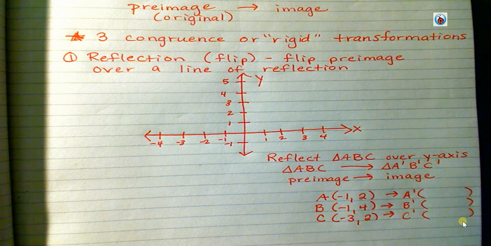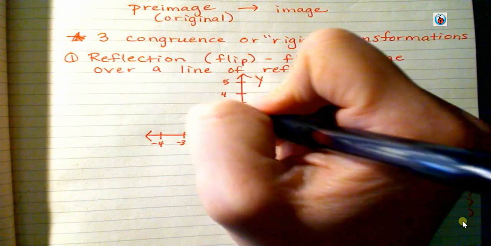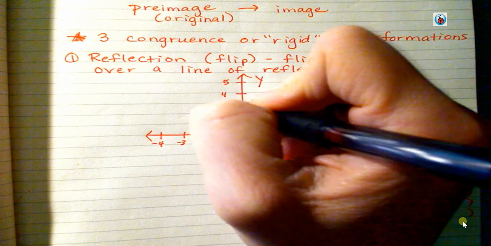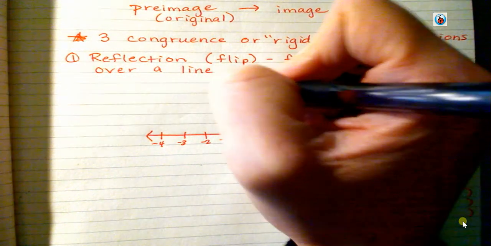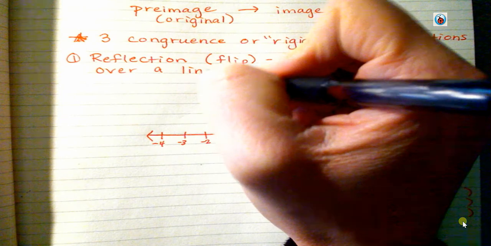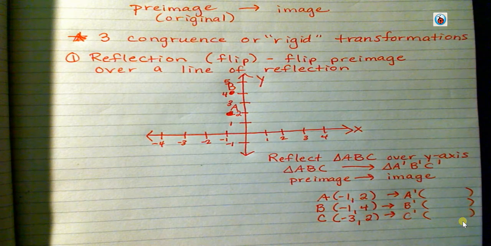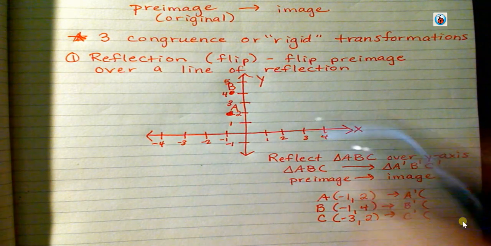So on our graph, point A is at negative 1, 2. I'm going to find that and label it point A. Point B is at negative 1, 4. And point C is at negative 3, 2.